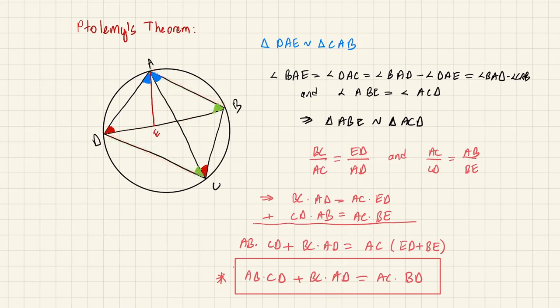So AB times CD plus BC times AD. When I add those two products, that is going to be equal to the product of the diagonals. That's going to be our Ptolemy's theorem.